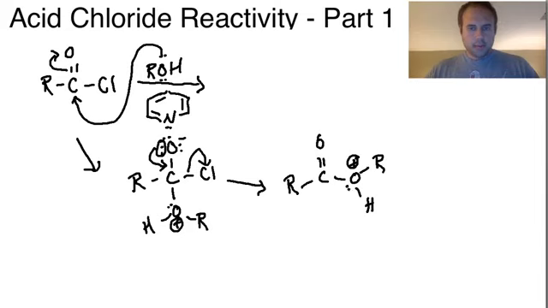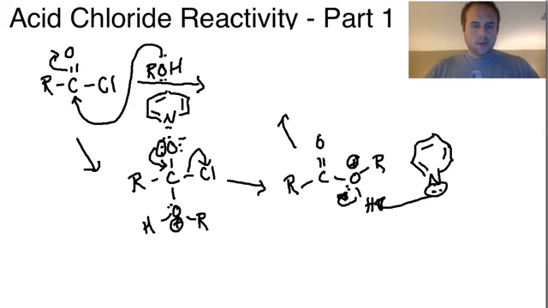So at this point, I can now use the pyridine to come in and take the hydrogen away from what was originally the alcohol, and this will create the ester functionality that I need. So moving up here, I now have OR. Okay?